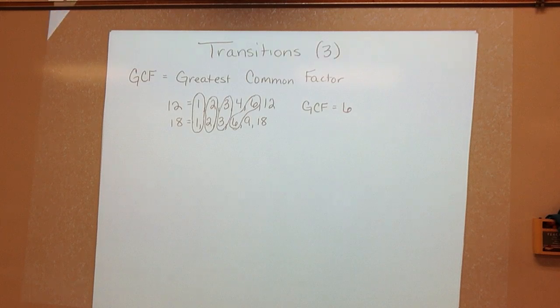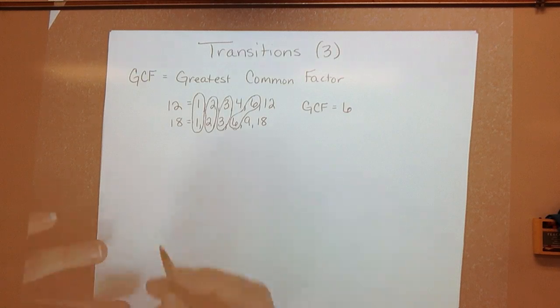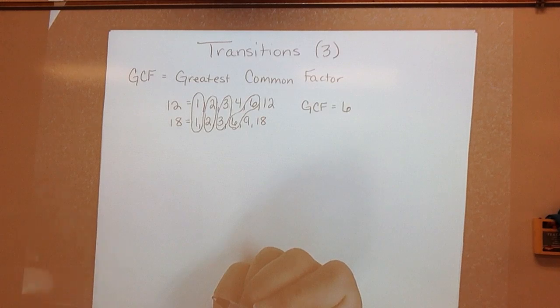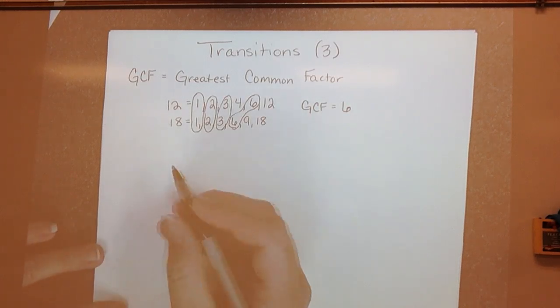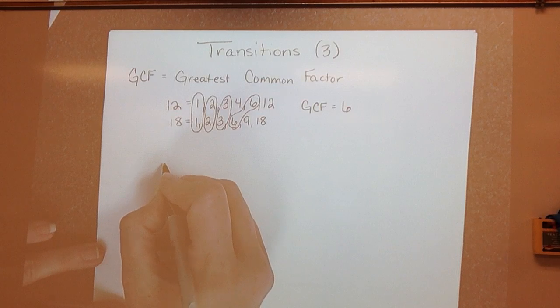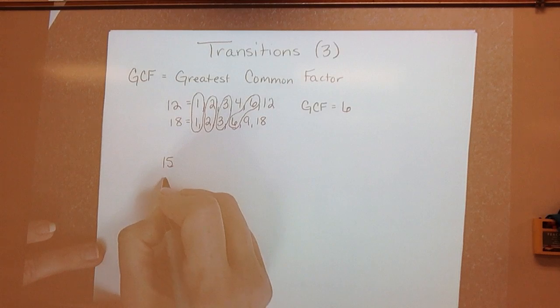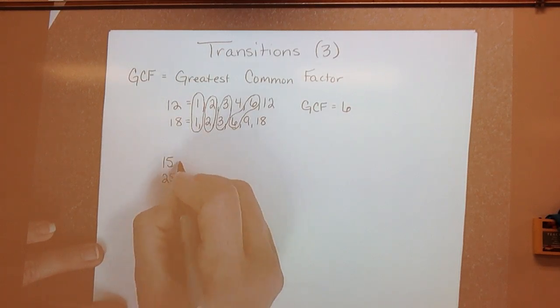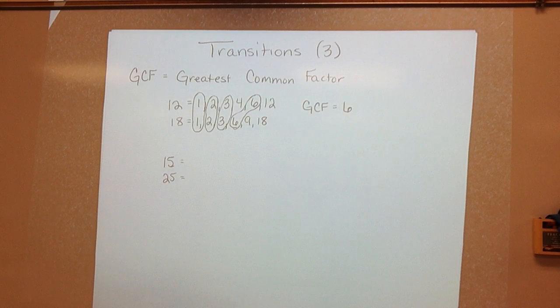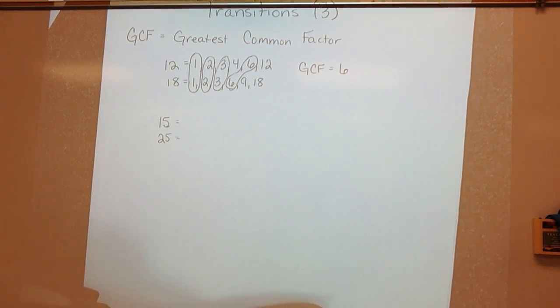All right, let's think about greatest common factor of a couple of other numbers. Let's do 15 and 25. And I know these are simple numbers, but that's okay. I need to list everything that goes into 15.